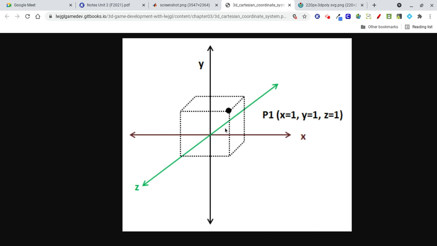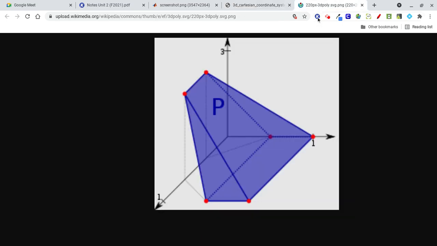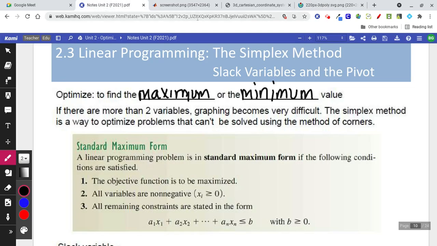Now you could still, I guess, theoretically find the corners of that three-dimensional region and still do the same thing, but it's going to be really, really hard to graph something in 3 dimensions. So imagine having to draw a three-dimensional figure and then find those corners. It's going to be really hard, okay? So that's where the simplex method comes in.